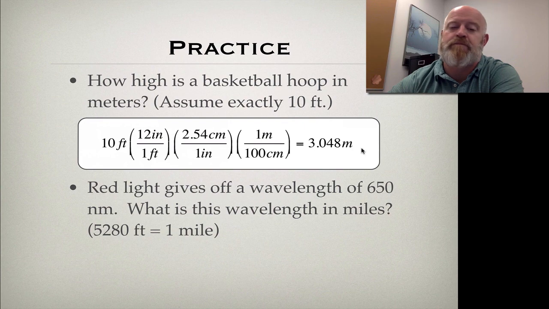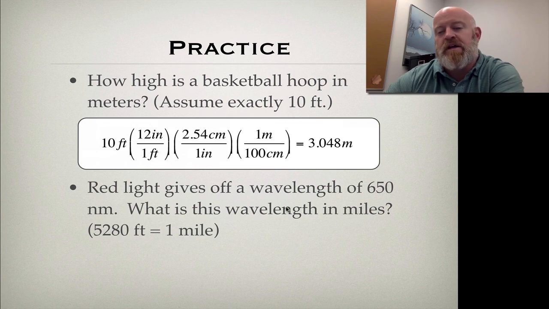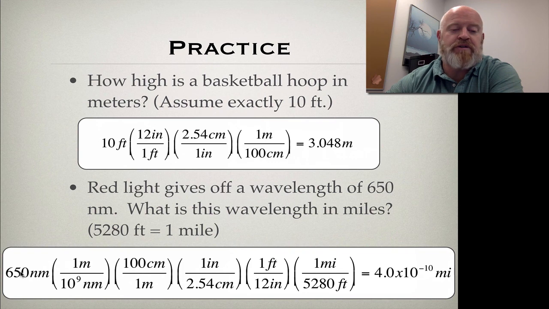Bottom one, we have red light giving off a wavelength of 650 nanometers. What's that in miles? Okay, so it's kind of ridiculous that we're asking this, but let's see what happens. We do want to make sure we know there's 5,280 feet in a mile. So starting with nanometers, we know there's 10 to the 9th nanometers for every 1 meter. For every 1 meter, there's 100 centimeters.